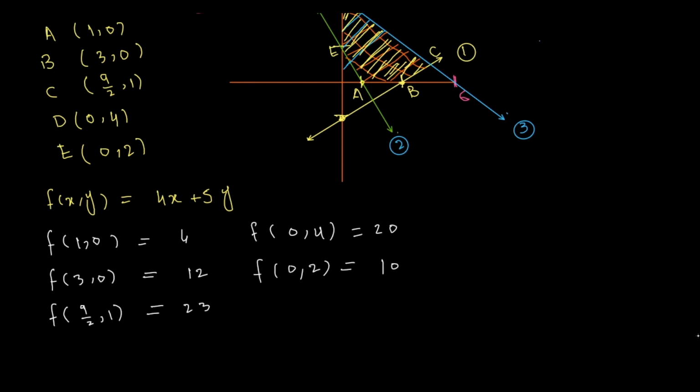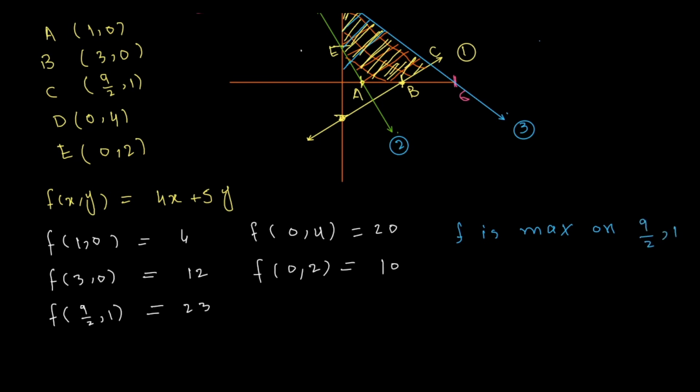And from here you can see that f is maximum. The function f is max on which point? On which corner point? The 23 value is the biggest value, so 9 by 2 comma 1 is the point.